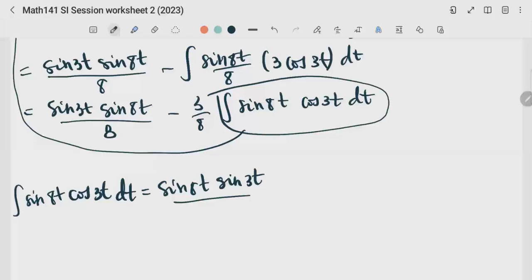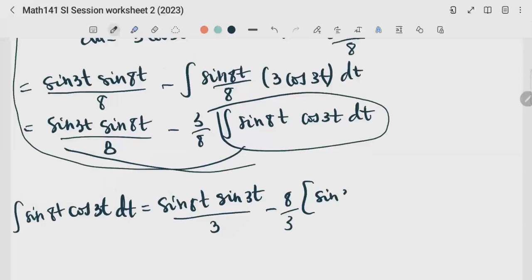So 8 over 3 multiplied by sine of 3t times sine of 8t, all divided by 8, minus 3 over 8 multiplied into the integral of sine of 8t cos of 3t dt.